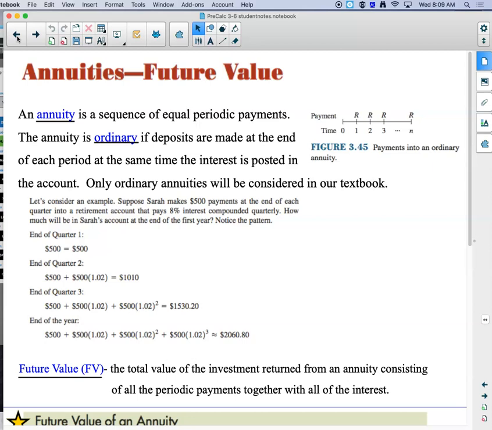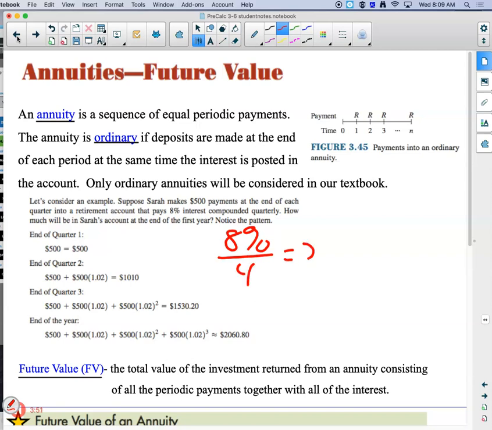But at the end of the second quarter, she has earned some interest. So we try to figure out, well, if that's 100% plus 2%, where did the 2% come from? And we realize that it was 8% each quarter. So they're dividing up that interest rate to each one of those quarters.